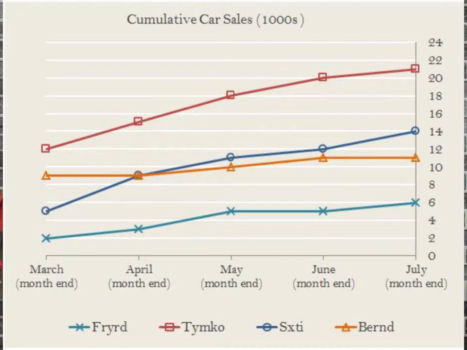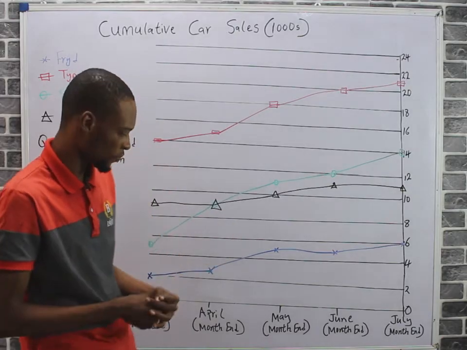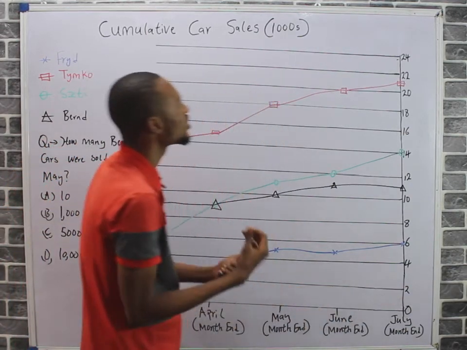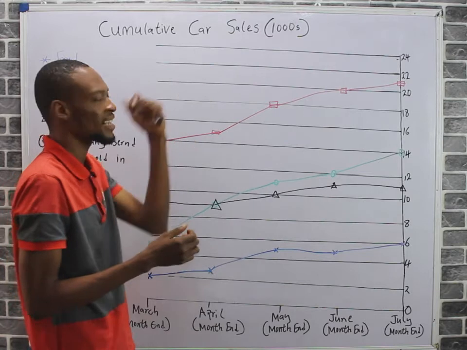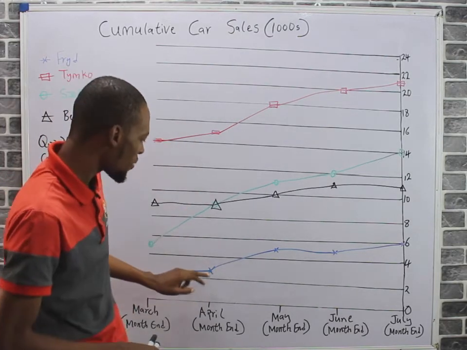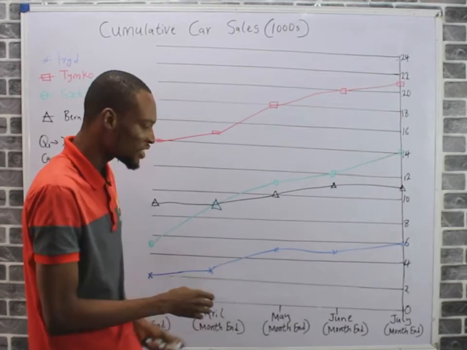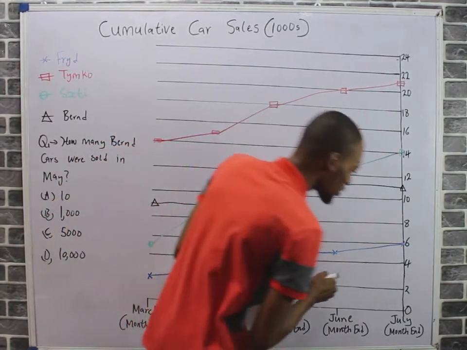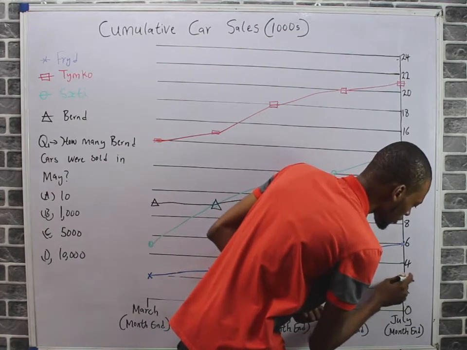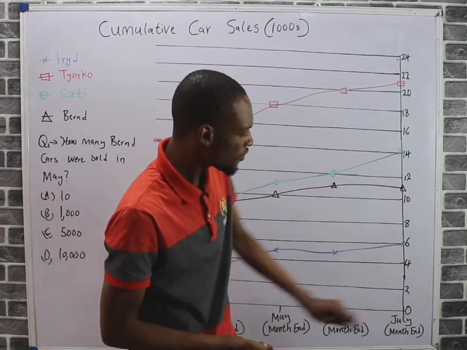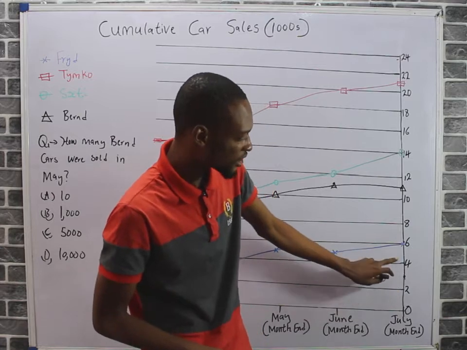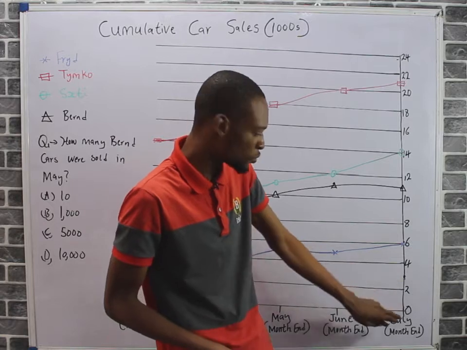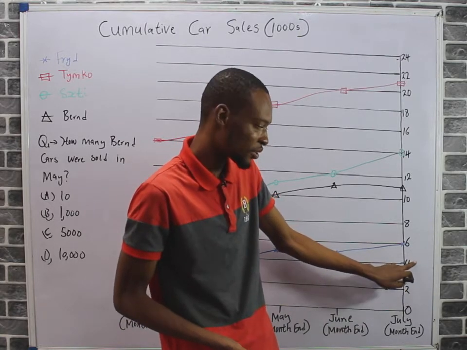What else should you know about this? If you look at this value, it corresponds to 2,000 cars sold. How about this? Now, when you are given a graph, any value outside the line means this value represents something around here. This means if this is 2,000 and this is 4,000, the middle here is 3,000.